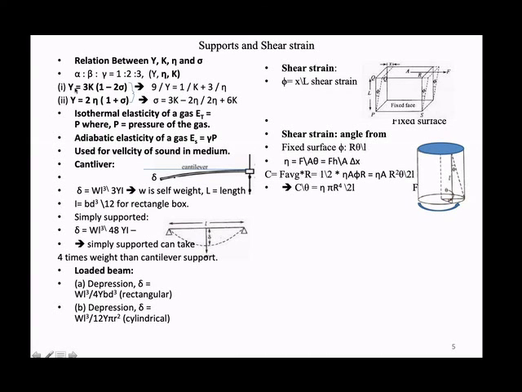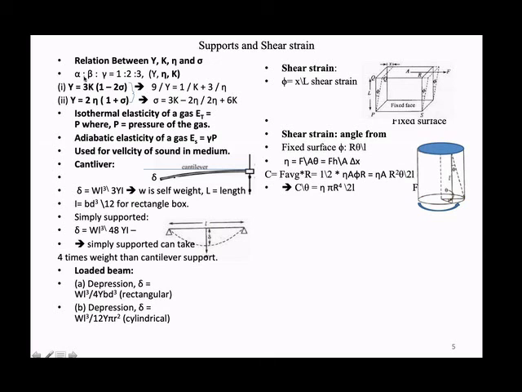Now there is a relation between the rigidity modulus, bulk modulus, Poisson's ratio and Young's modulus. There are four relations, but we have to remember only two by heart. The other two are derived from them. Young's modulus is equal to 3 into bulk modulus into 1 minus 2 sigma, where sigma is Poisson's ratio. Similarly, Young's modulus is also 2 into rigidity modulus into 1 plus sigma.